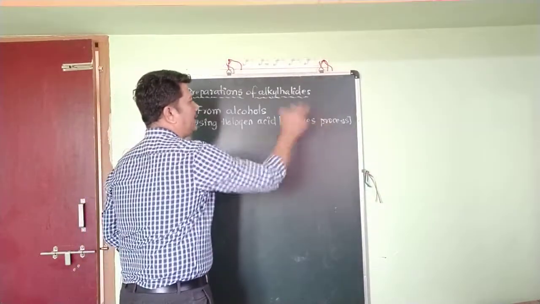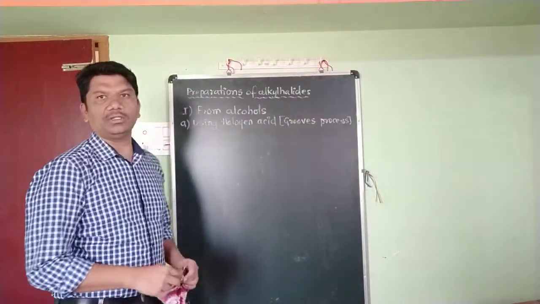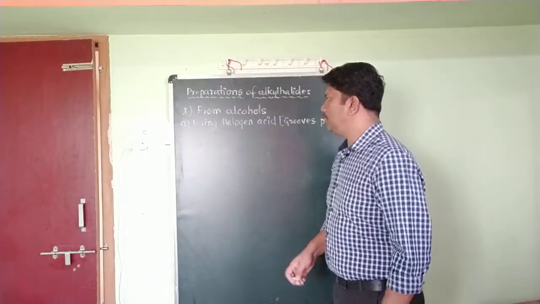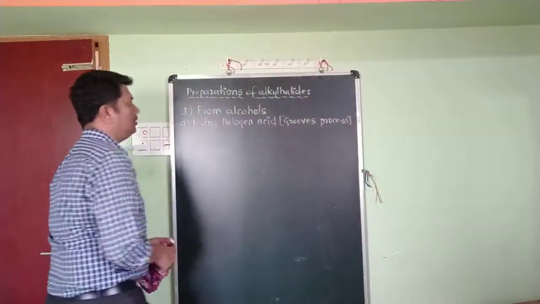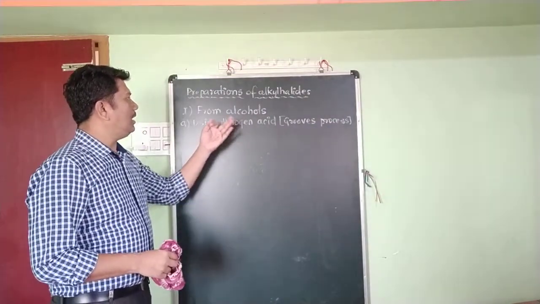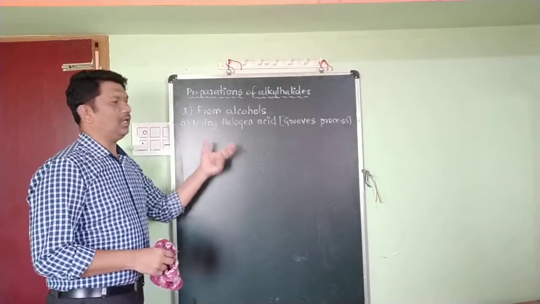It's a named reaction, very important for both the theory paper as well as from the CET point of view. So we'll see how alkyl halides are prepared by using halogen acids.